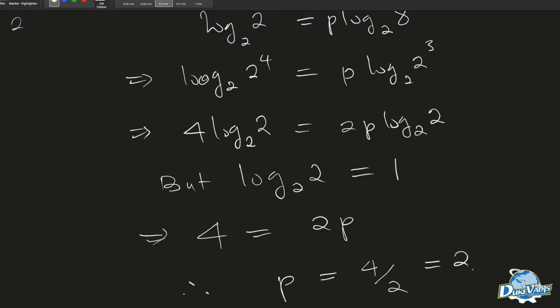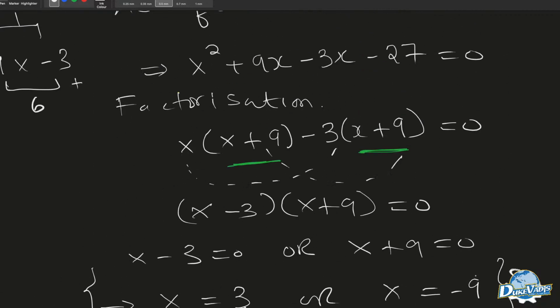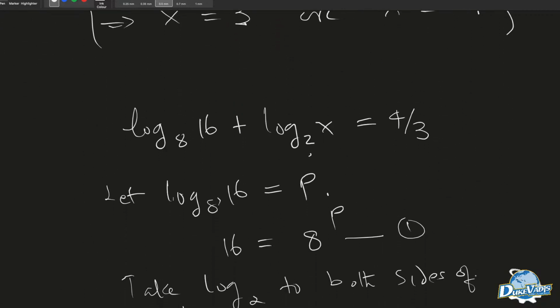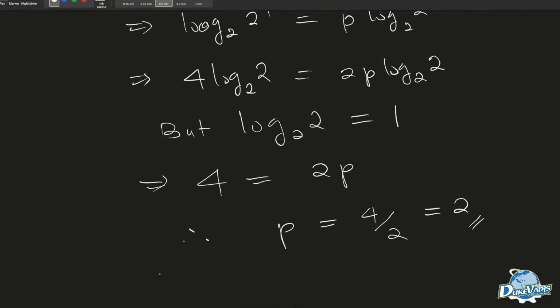Our answer will be 2. So all this long thing we saw says log base 8 of 16 will be 2. So now this implies 2 plus log base 2 of x is equal to 4 over 3.